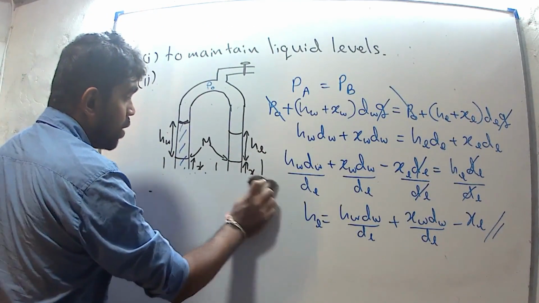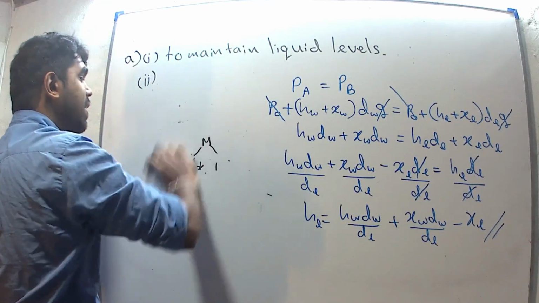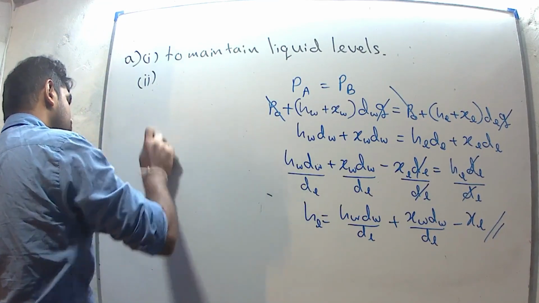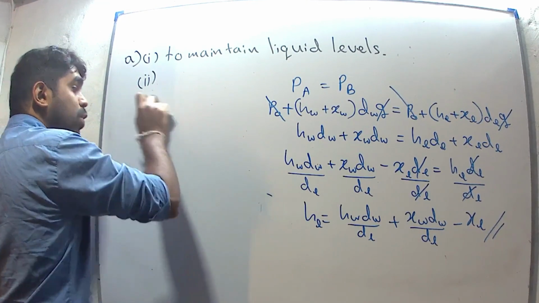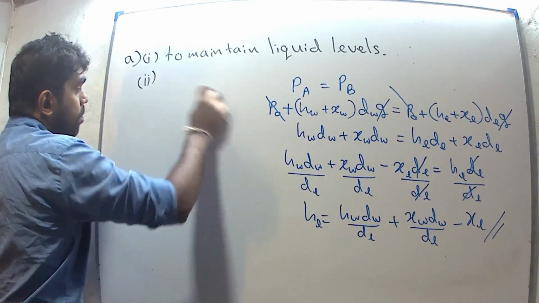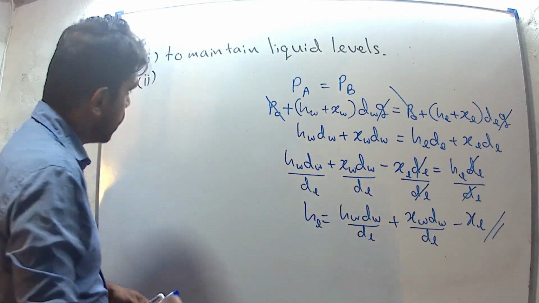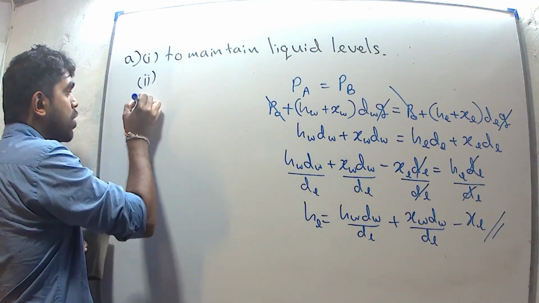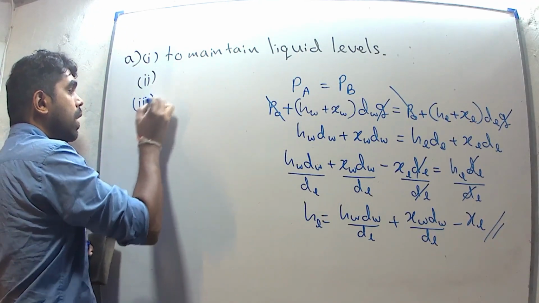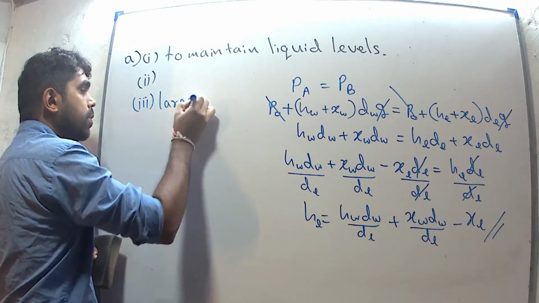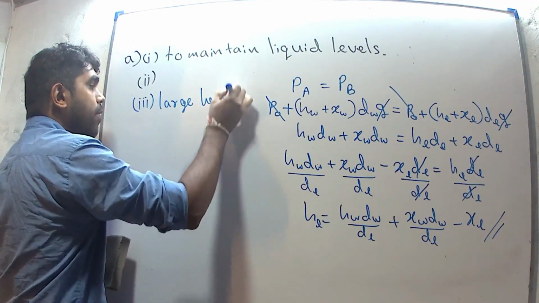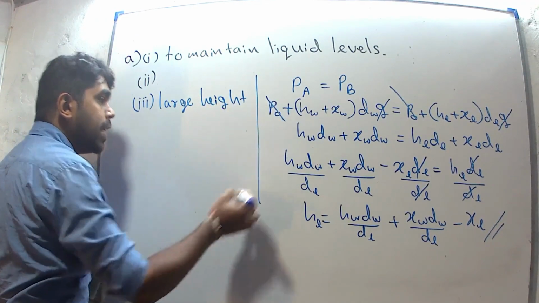The maximum value of the large height should be less than the maximum height we could maintain in the tube. Then we can write the answer for part 3: large height, and we have to write the reason.